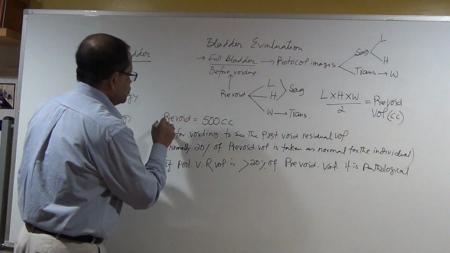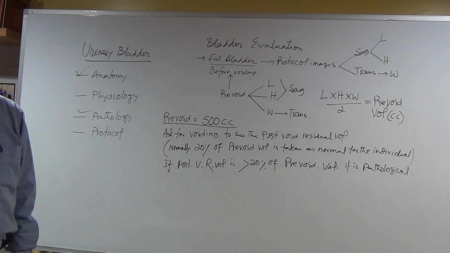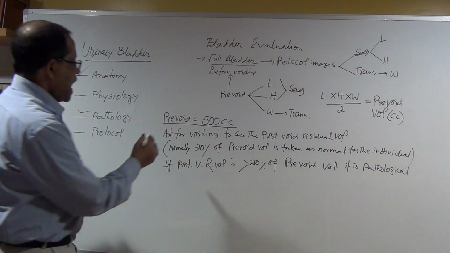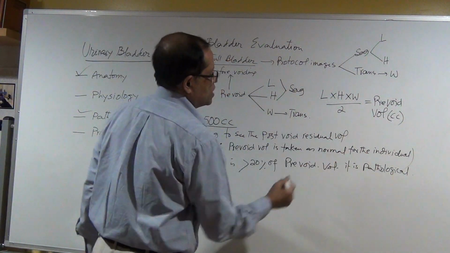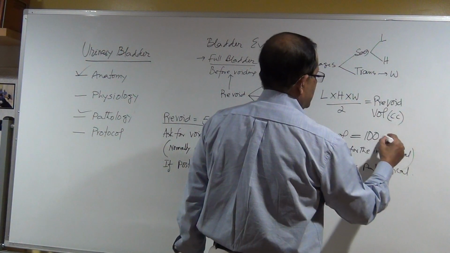Say, I told you the pre-void volume was 500, right? And I asked for voiding to see the post-void residual volume. I found this is 100 cc.